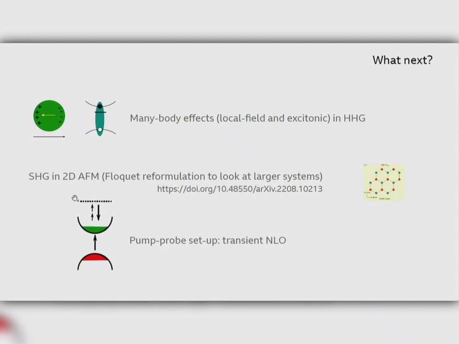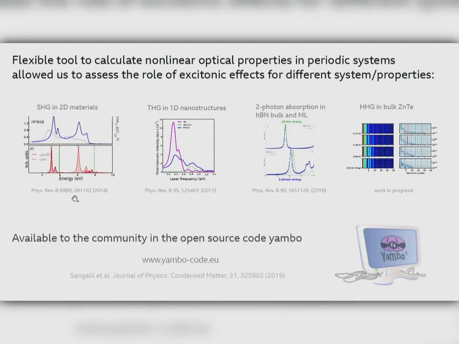Unfortunately, there is a big computational bottleneck: those systems are large and heavy. So we are now looking at a Floquet reformulation, very similar to what was shown yesterday for the phonon, but for the photon. And then I would very much like to look at transient nonlinear optics in a pump-probe setup.